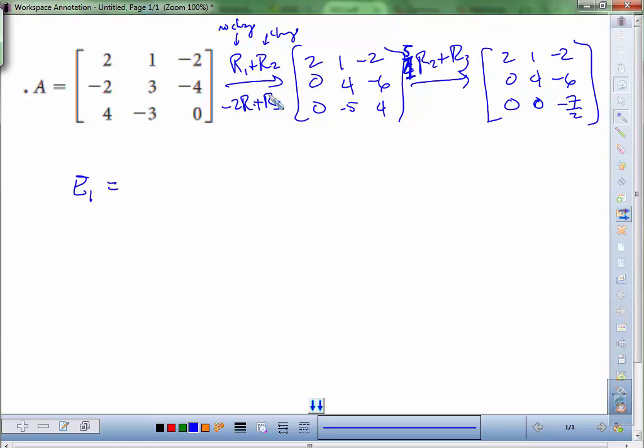So let's put an identity matrix off to the side here, and let's do R1 plus R2 on that. And so our elementary matrix is going to be what? 1, 0, 0. And you add R1 and R2, you get 1, 1, 0, and then 0, 0, 1. So that's our first elementary matrix. Is that good?